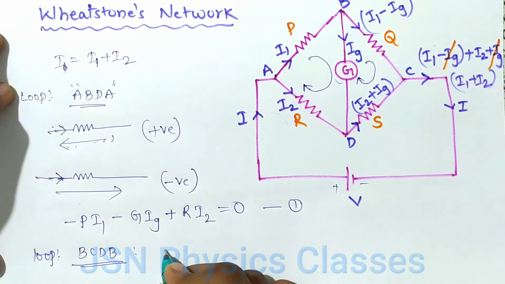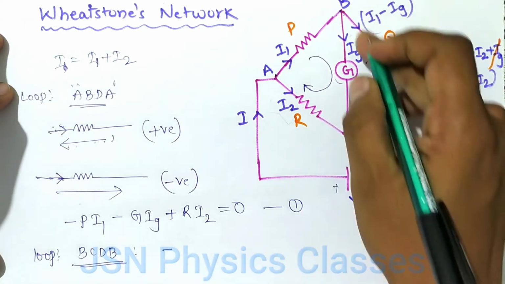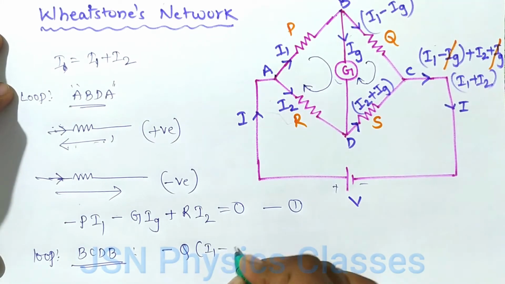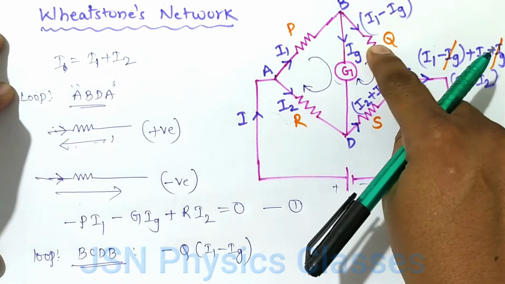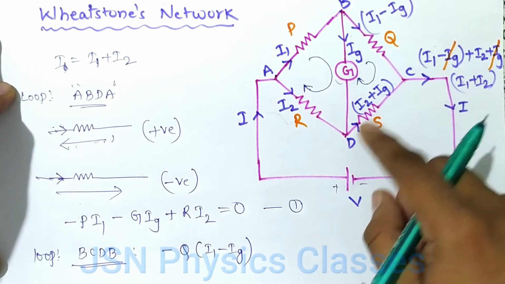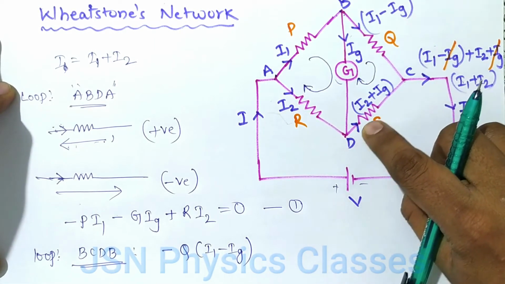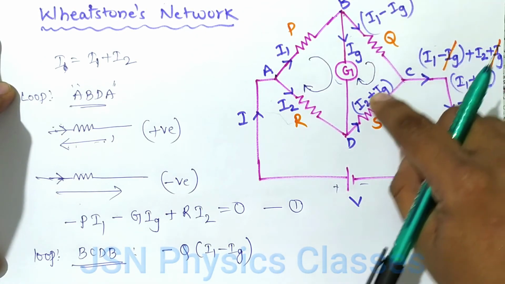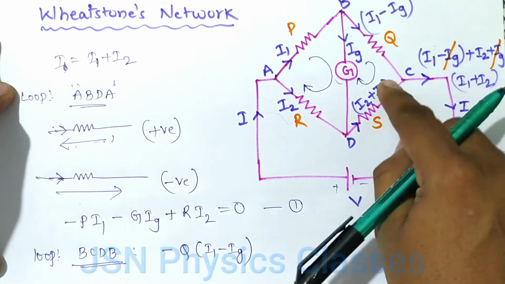So just take minus, so it is Q into (I1 minus Ig). Next C to D, see, actual current direction is D to C, but loop current direction is C to D, so opposite direction here.